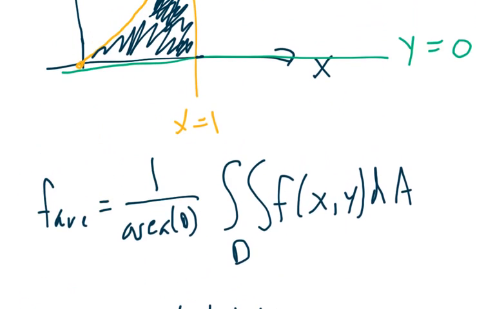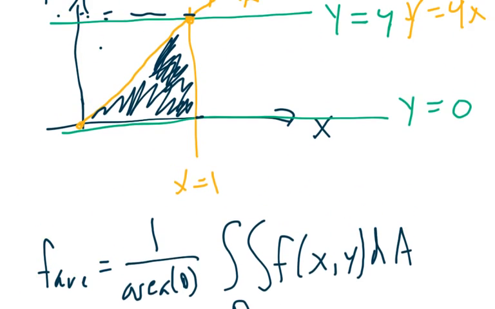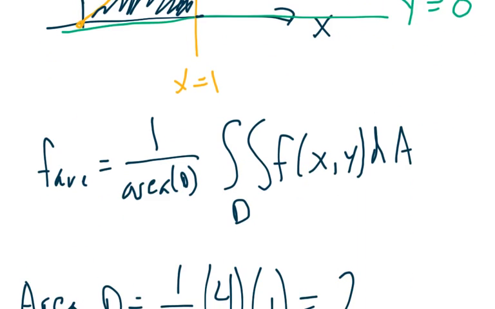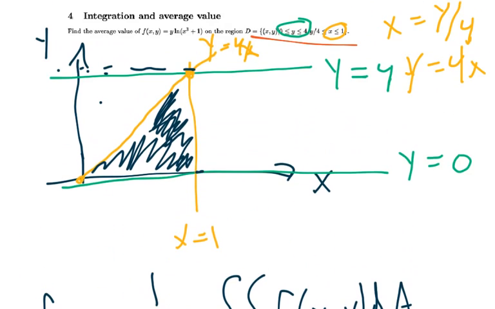Okay, now I want to set up the integral. So we can set it up in terms of x or y. Let's try to just set it up first in terms of x because this is how it's given to us.